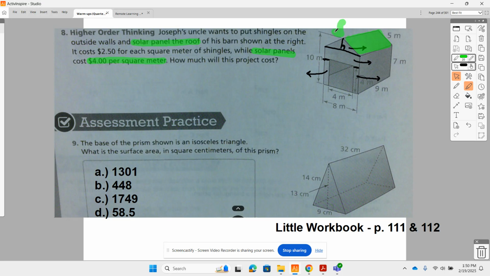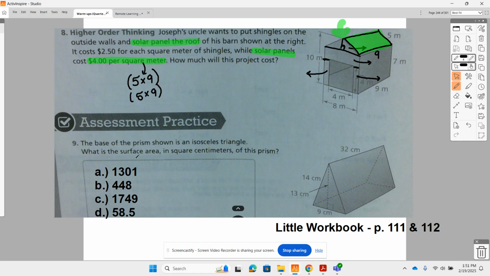So think about what we can't see on the other side. Do you see what the dimensions are of the roof? If you're thinking 5 by 9, you're on the right track. The roof is going to be a 5 by 9 rectangle, and then another one that I can't see on the other side.